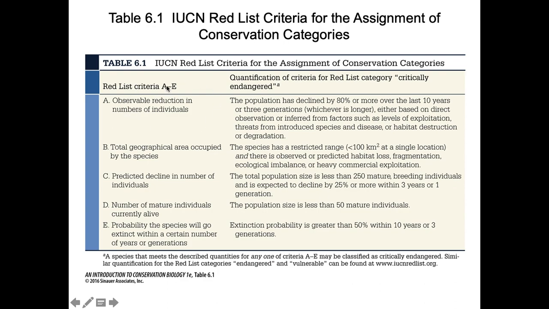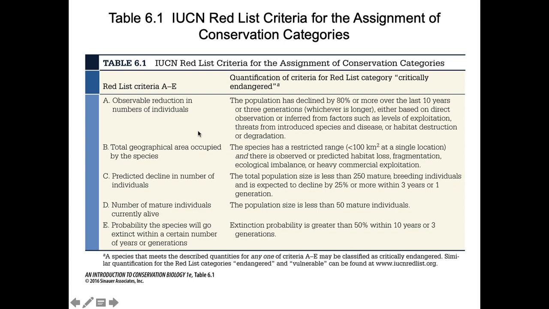So, an observable reduction in number of individuals if the population has declined by 80% or more over the last 10 years or 3 generations, either based on direct observation or inferred factors such as level of exploitation, threats from introduced species, disease, habitat destruction, etc.